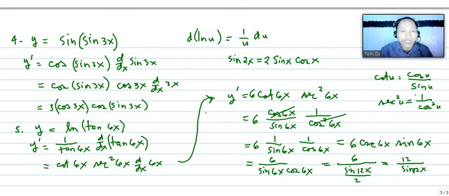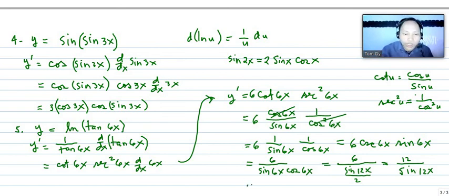Okay, I will erase this one first. I will rewrite it. Okay, we have here sine of 12x. So 1 over sine equals cosecant.